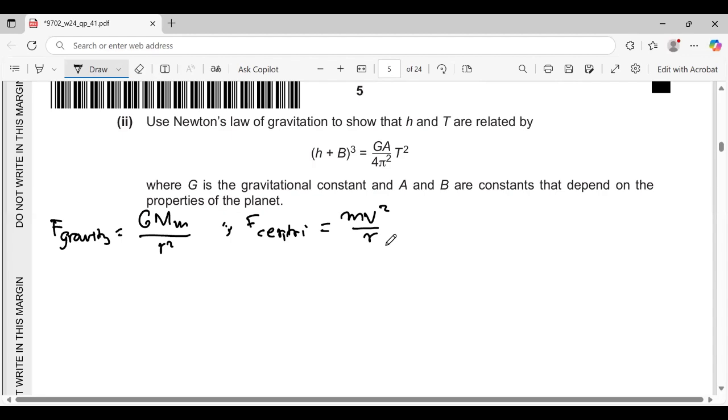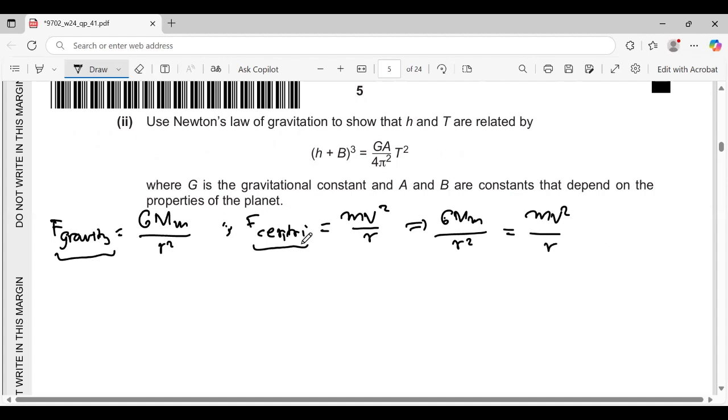So we can write GMm over r squared, because this is force as well, equal m v squared over r.